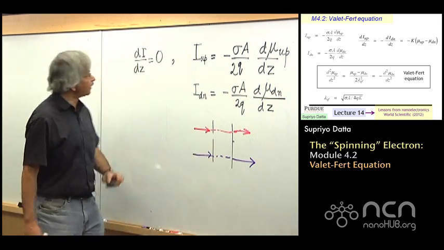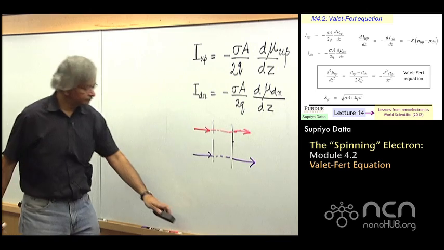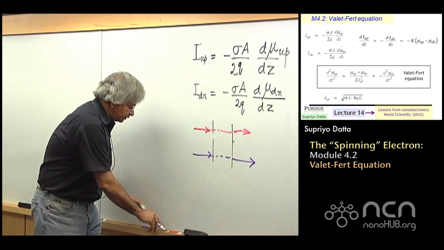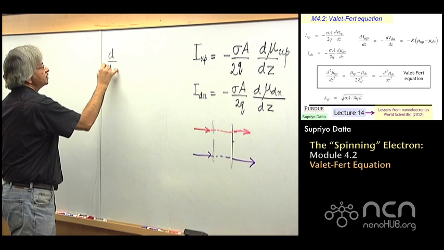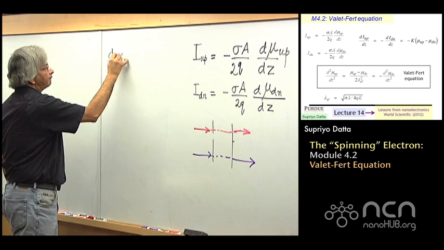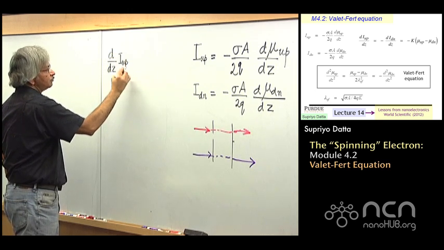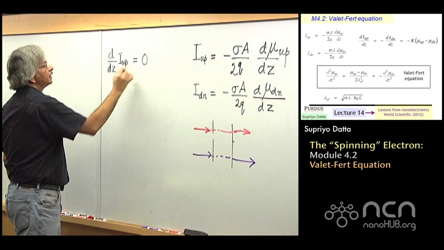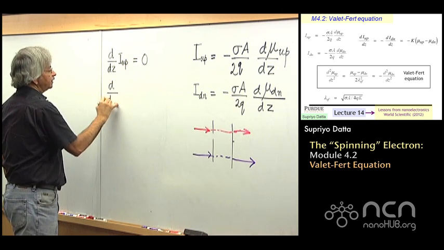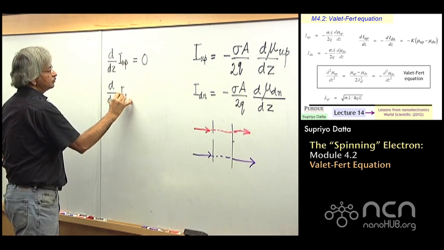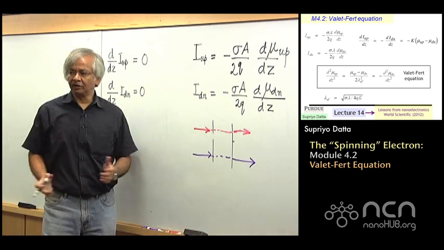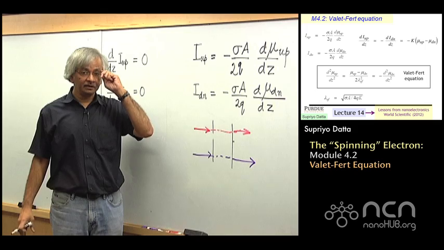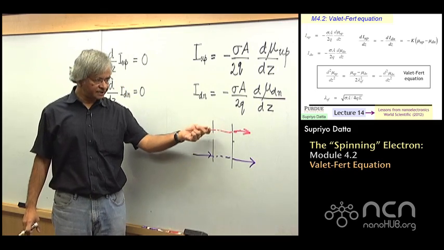You could say, okay, we'll just write it as d/dz, the rate of change of I up, is equal to 0, and the rate of change of I down is also equal to 0. Because whatever I had said before for one channel, I could make the same argument separately for each one.